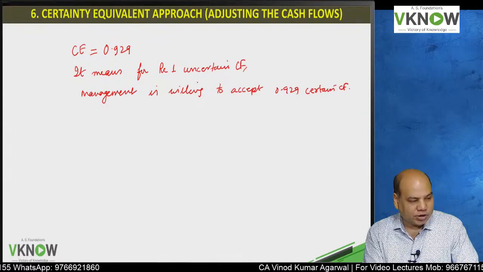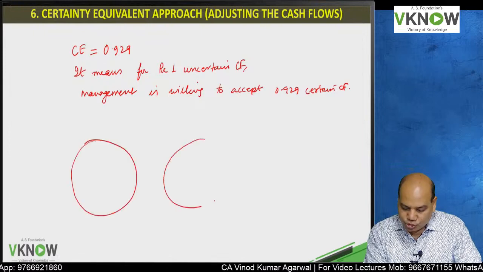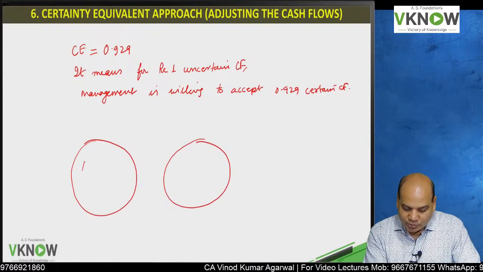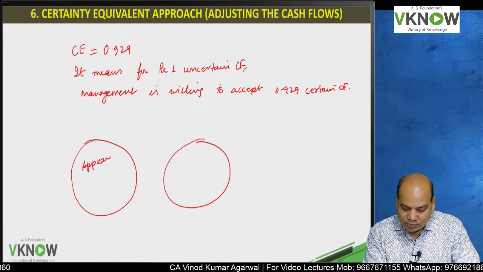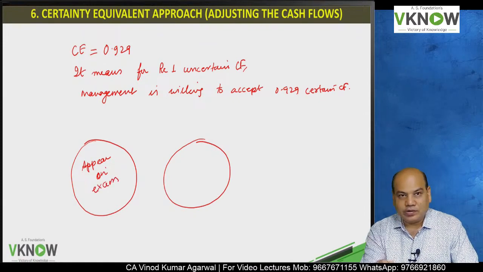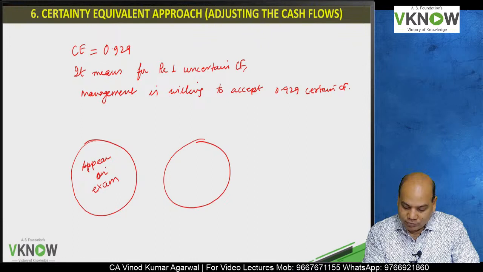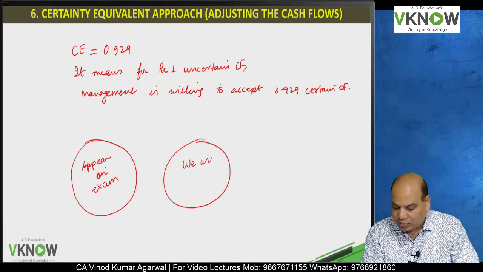0.929 is a certain cash flow, right? Suppose your institute says you have two choices. You appear in the exam on your own, you work hard, and whatever result you get, we will give you. Second option is, the institute says don't appear for the exam, we will give you 50%.